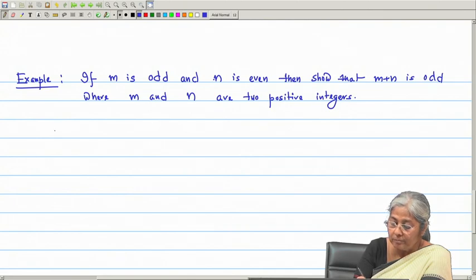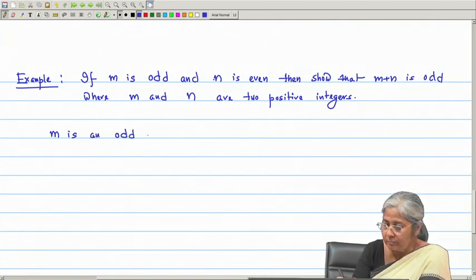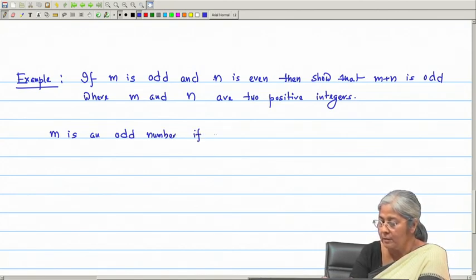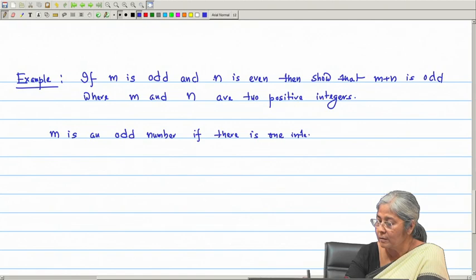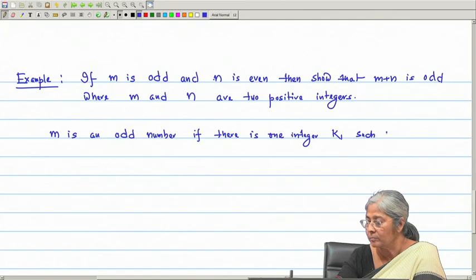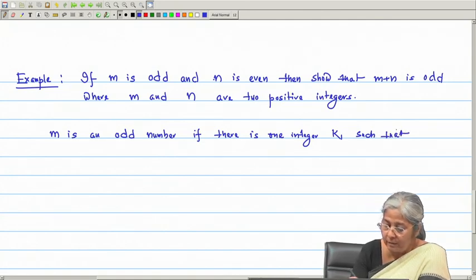We know that M is an odd number if there is one integer k1 such that M equals 2k1 plus 1.